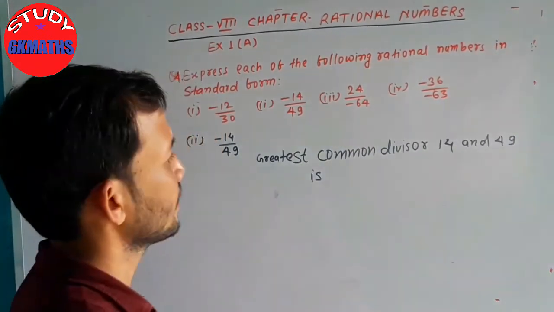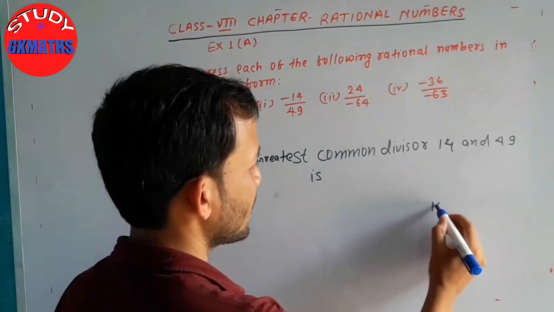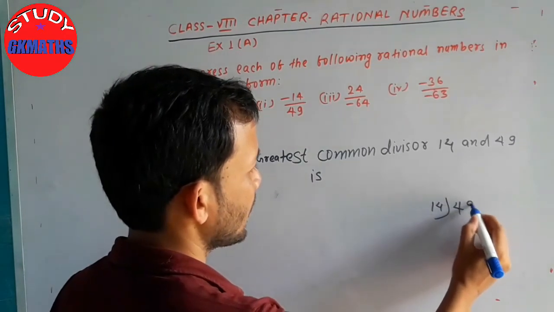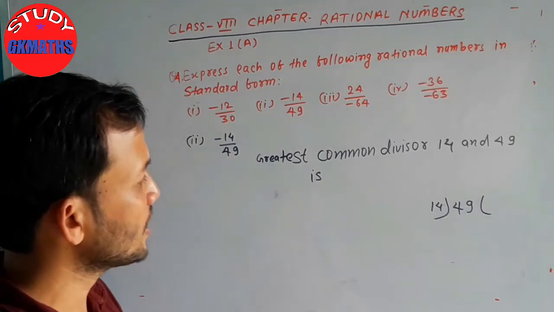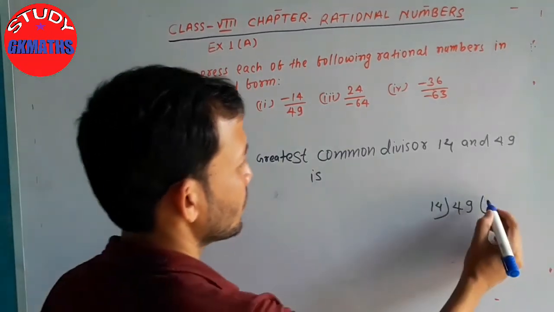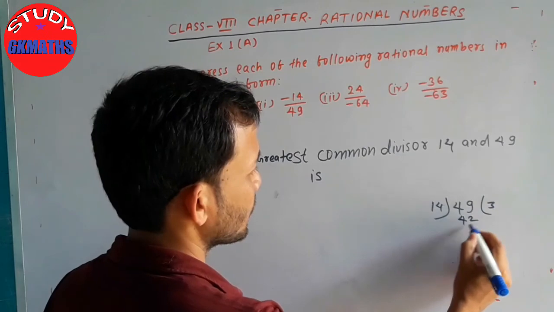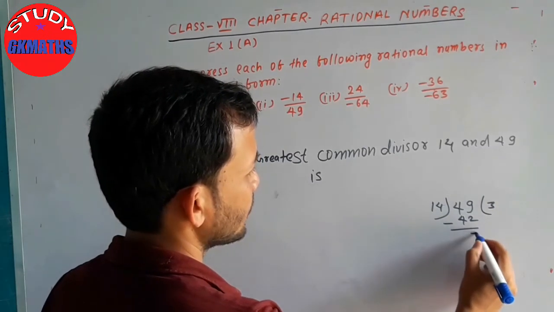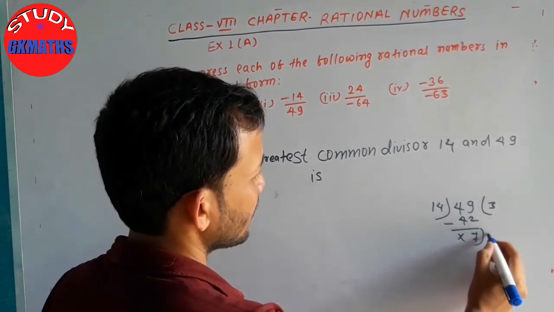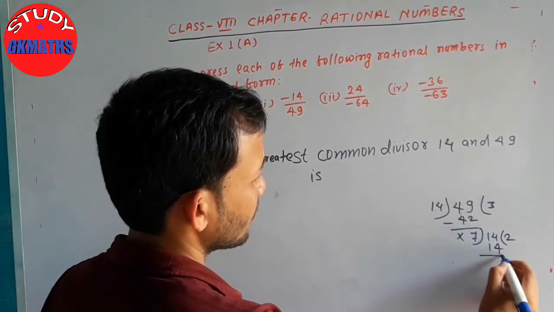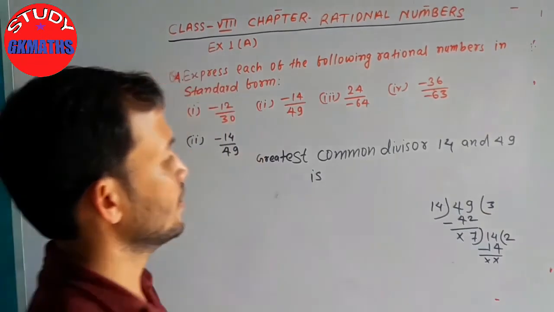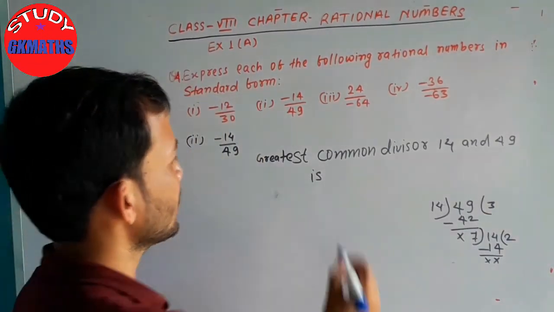You can find it simply by the division rules. Divide 49 by 14: 14 ones are 14, 14 twos are 28, 14 threes are 42. Just subtract, and your remainder is 7. Again, 7 twos are 14. Your greatest common divisor is 7.